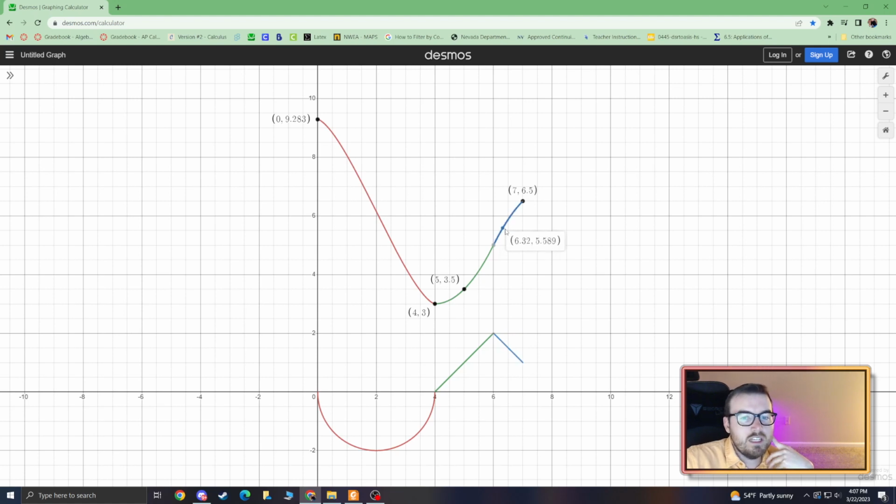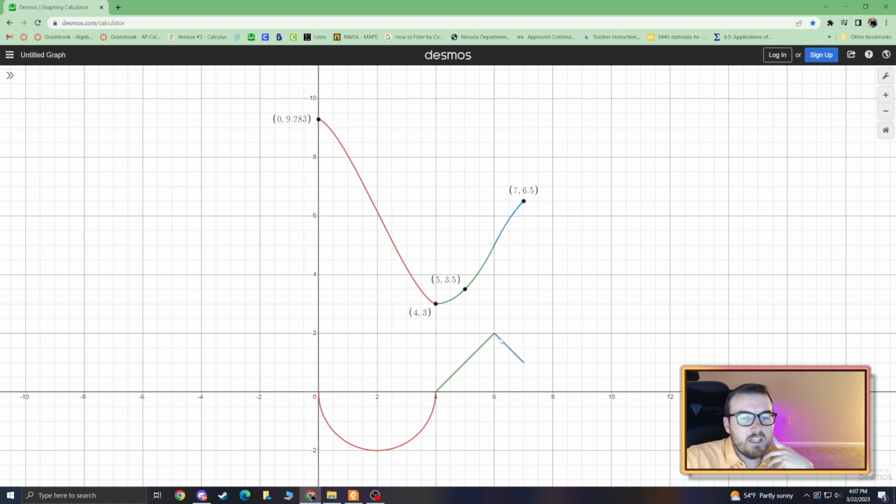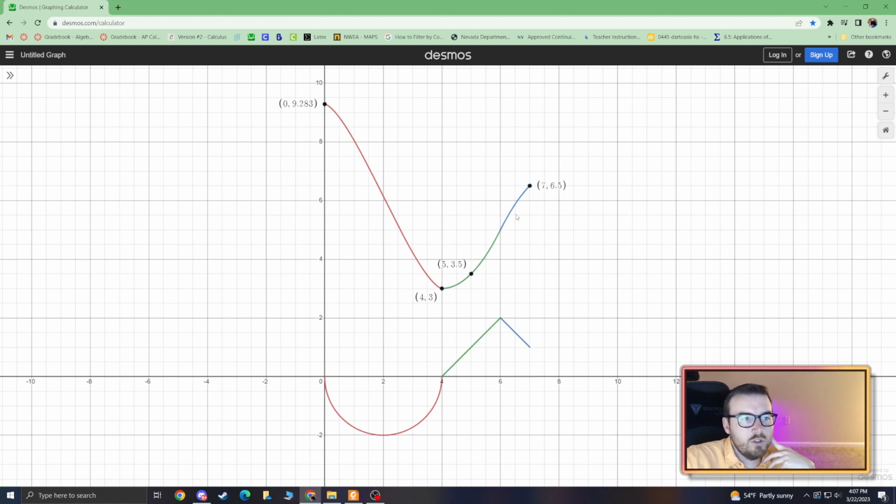So that's why our function continues to increase. But because it's getting less positive, it's starting to increase slower. And eventually, if this kept going, all of a sudden it would flatten out and then start to decrease. Okay? So hopefully these pieces all glued together make this derivative make sense.